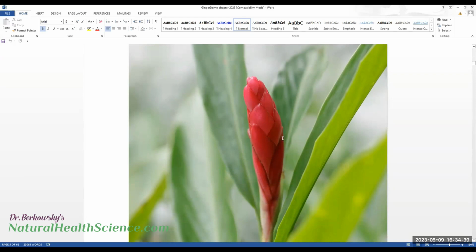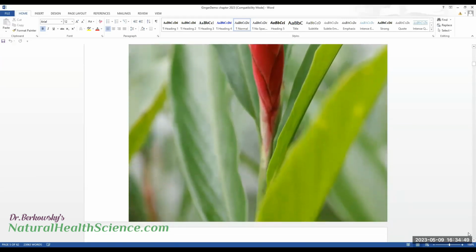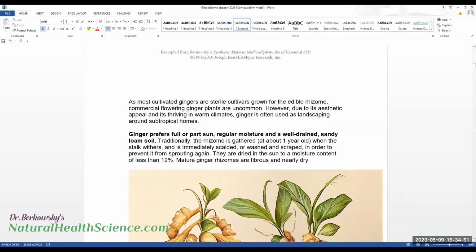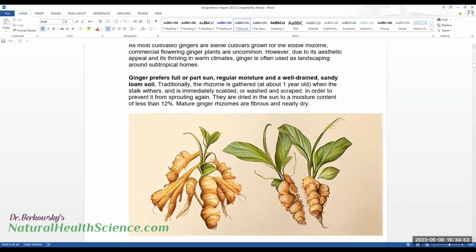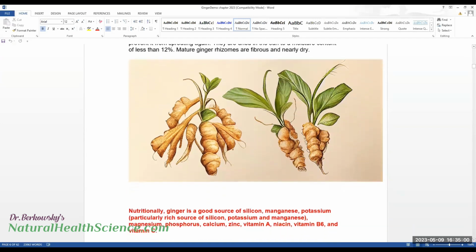So I would say that this would be a bit more towards the fire element. There's more fire in this, perhaps in the sexual range as well. And here again, we just see some pictures of what the actual tuber looks like.